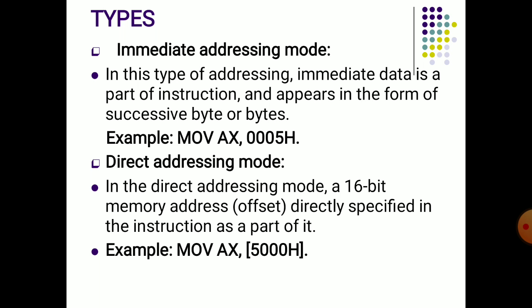You have to remember that. Next, immediate addressing mode: the immediate data is given in the instruction itself. Here 0005 is the immediate data given in the instruction itself. Very simple example, I am taking the MOV instruction as a single example.